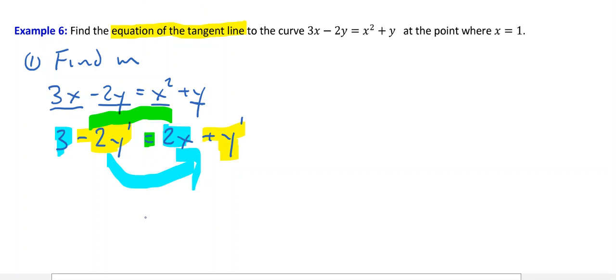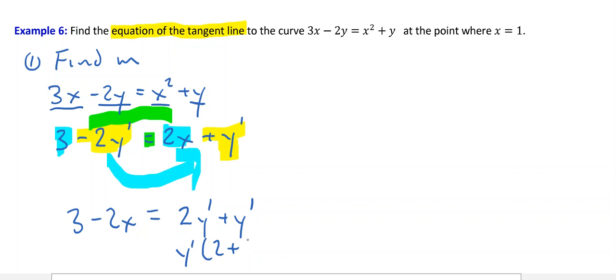So we're going to have 2y prime plus y prime on the right-hand side, and 3 minus 2x on the left-hand side. On the right-hand side, we can factor out the y prime, leaving me with 2 plus 1, which is 3. So we have 3 times y prime.